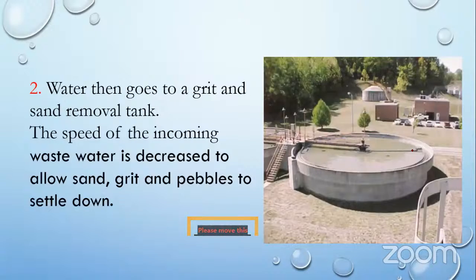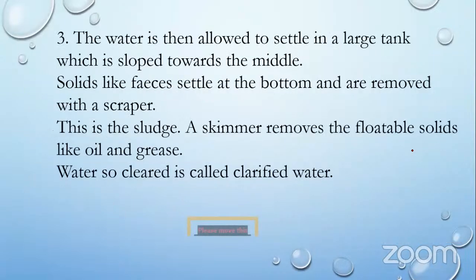So what is happening in the first step? They have removed all these rags, plastic bags, cans and all. In the second step, they have removed the sand, dirt, pebbles and all. In the third step, water is then allowed to settle in a large tank, which is sloped towards the middle.